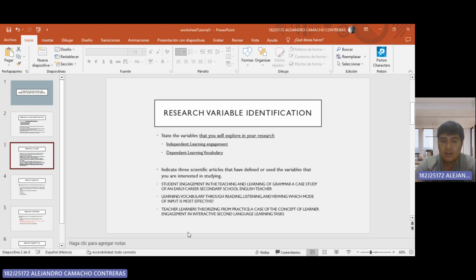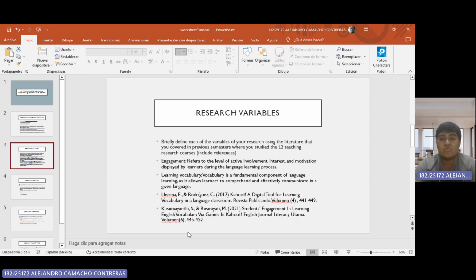Okay, the next part is research variables. As I said, there are two: engagement and learning vocabulary. Engagement refers to the motivation of the students in second language acquisition, how students are motivated during the process of learning a second language.